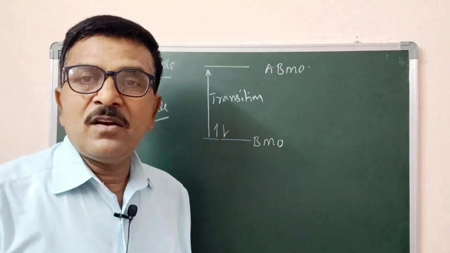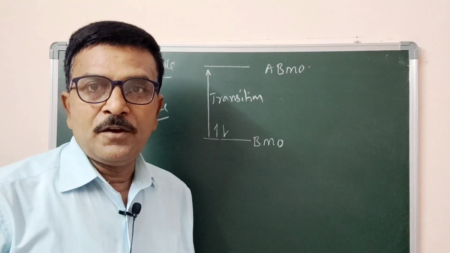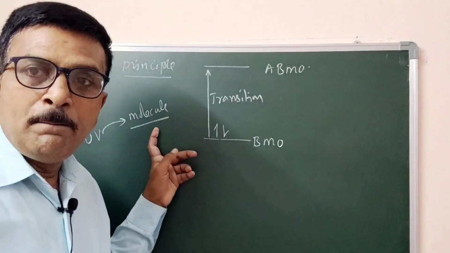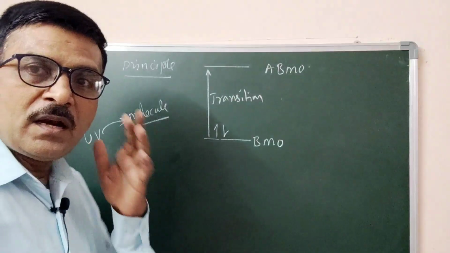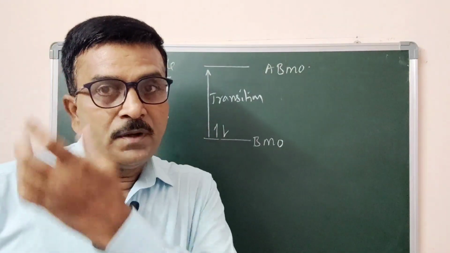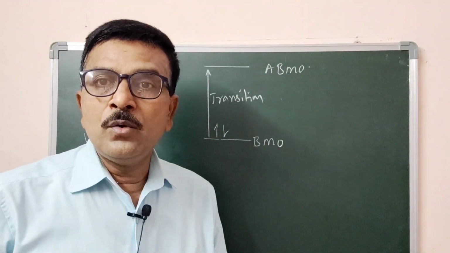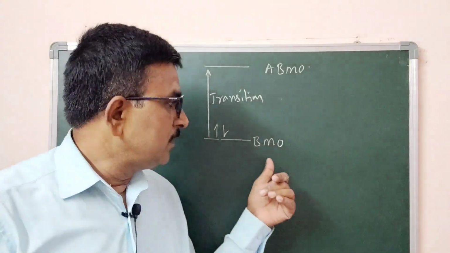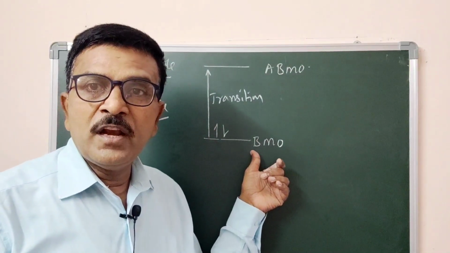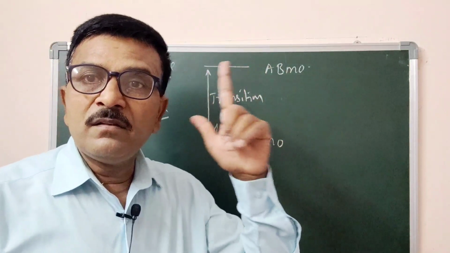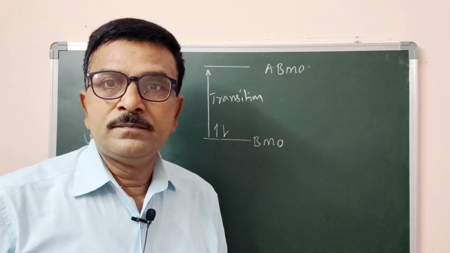So there is an electronic transition. When a sample molecule absorbs ultraviolet radiation, an electron undergoes transition from the orbital of lower energy level to the orbital of higher energy level.